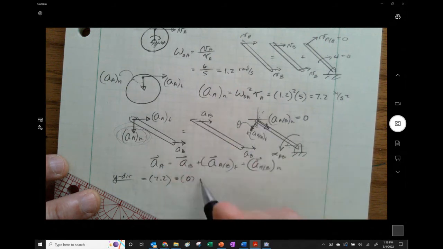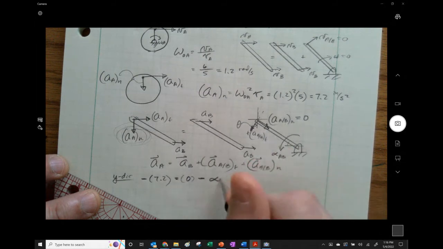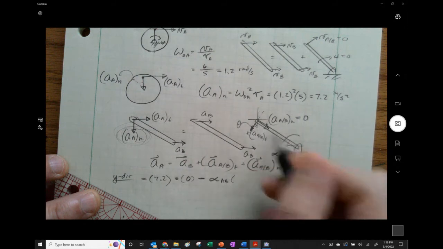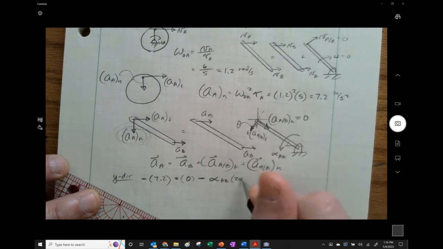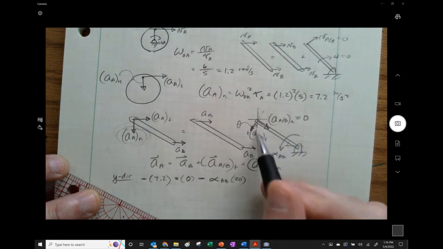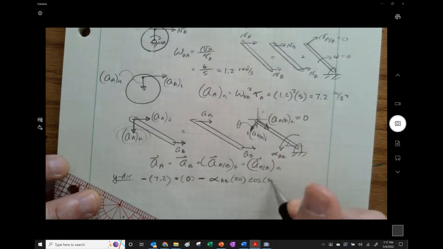And then this is going to be a negative, and it's going to be that alpha AB times the length, which is 20 inches. But then also we have to make sure that it's only the y component, so that's going to be the cosine of 30 degrees.